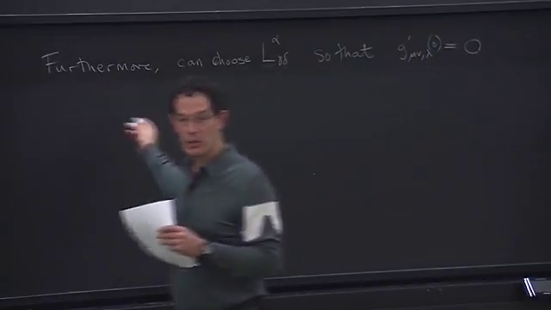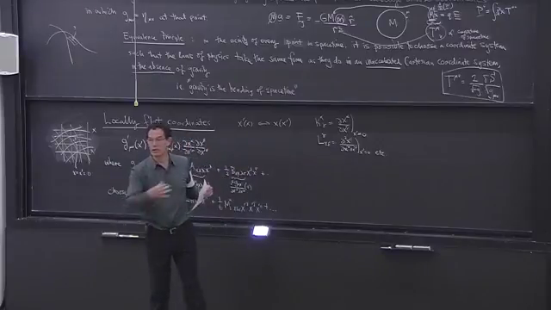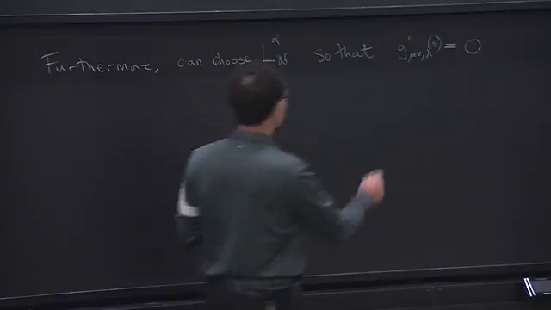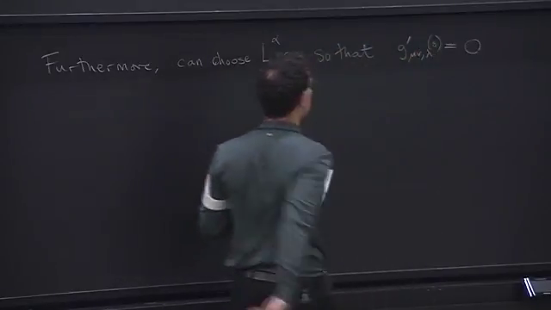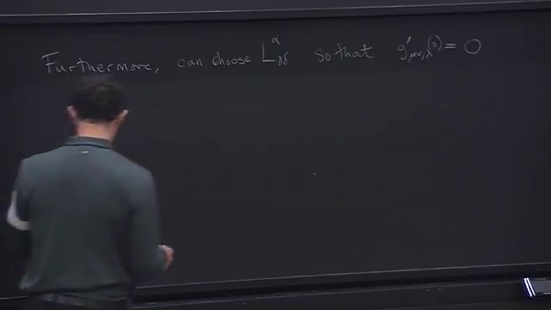We can still play around with these L's, and it's not hard to see that you can use that freedom to set the first derivatives of the metric to be 0.